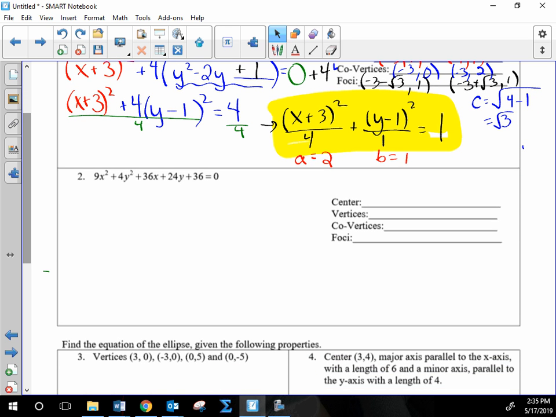So let's do another completing the square. Looks like we're gonna have to do a little bit of factoring here. So again, we want to get all of our x's, then all of our y's, and let's move our constant over. So I have 9x squared plus 36x. I'm gonna leave my gap.